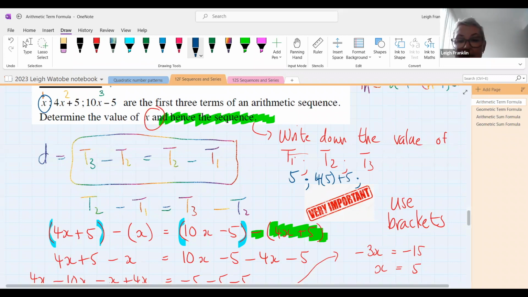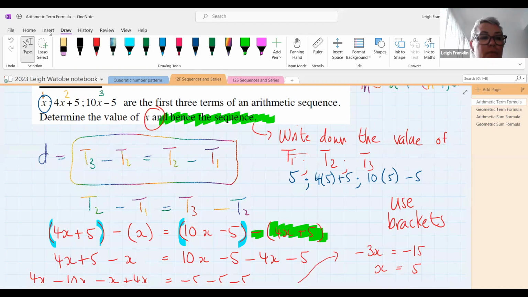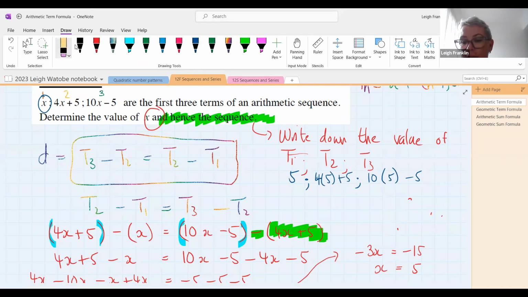And the third term in the pattern is going to be 10 times 5 minus 5. Let's just write everything nicely here. So the first terms in the sequence are 5, 25, 45. Okay, everybody happy with that?